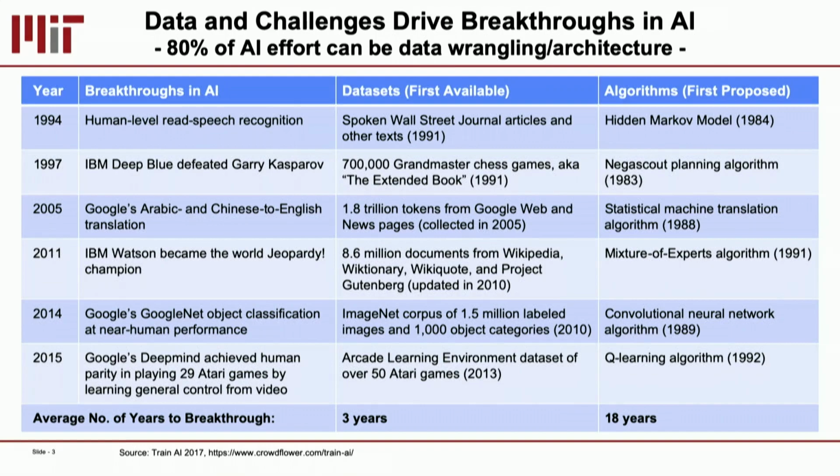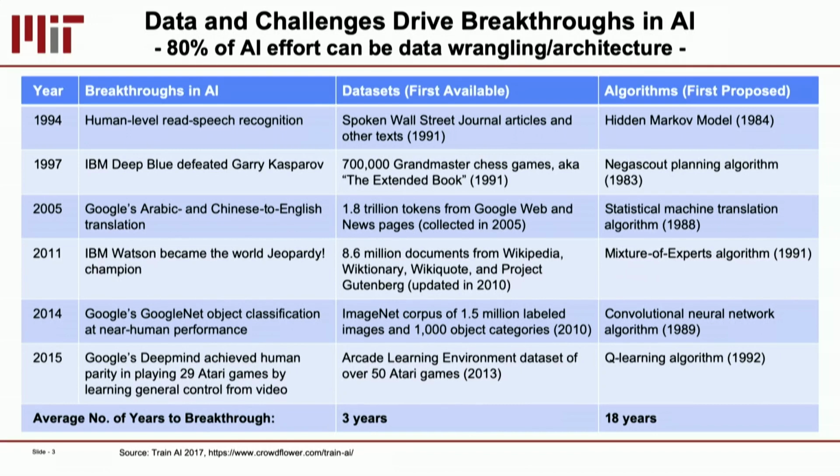So just some motivation. This is a slide that Vijay presented earlier, and the big thing to emphasize here is we have a bunch of breakthroughs, and the key is the bottom row, which says that the time from algorithm to breakthrough is like 2 decades, but the time from getting a data set that is a shareable, well-architected data set to breakthrough was much, much shorter, only 3 years.